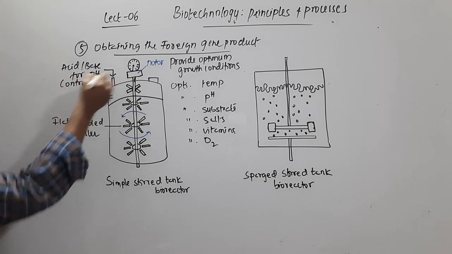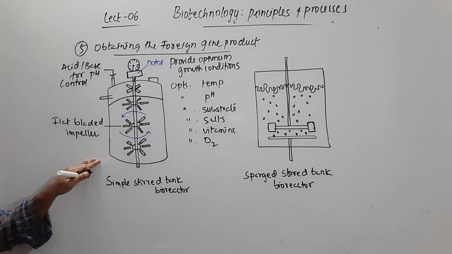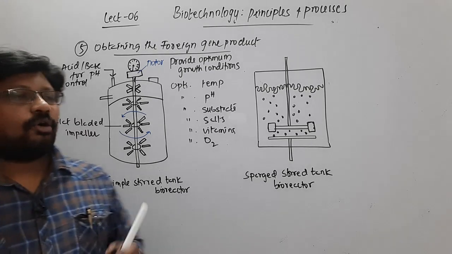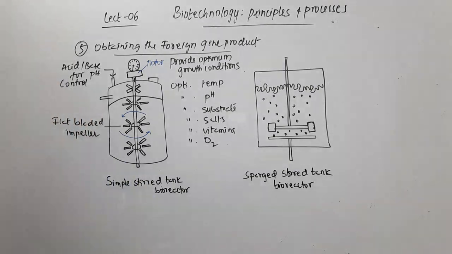They add acid or base to maintain a particular pH inside the bioreactor, because different host organisms or cells require different pHs.